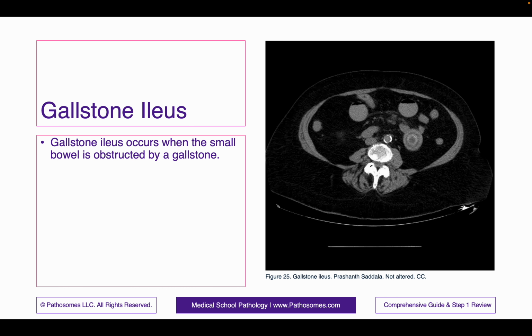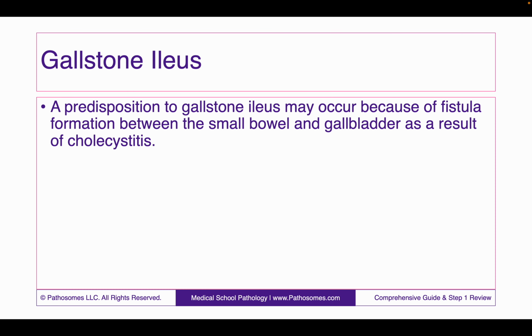Now here's another very important topic. Gallstone ileus, right? Must know this. Gallstone ileus occurs when the small bowel is obstructed by a gallstone. A predisposition to gallstone ileus may occur because of fistula formation between the small bowel and gallbladder as a result of cholecystitis.